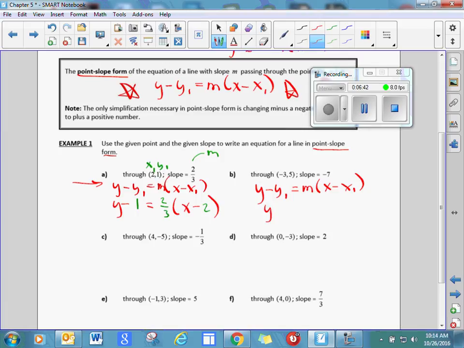So y minus y sub 1 is y minus 5, equals -7 is the slope, times x minus a negative 3, which makes that positive. So be really careful of your signs. When you have a negative x, this minus and that minus, turn it positive. So this is our formula in point-slope form through that point with that slope.